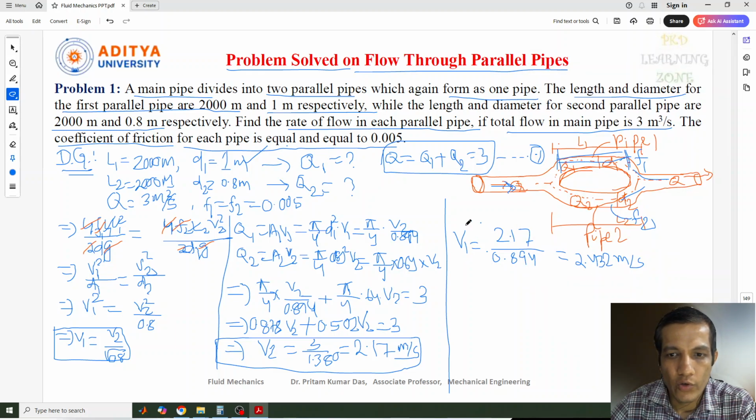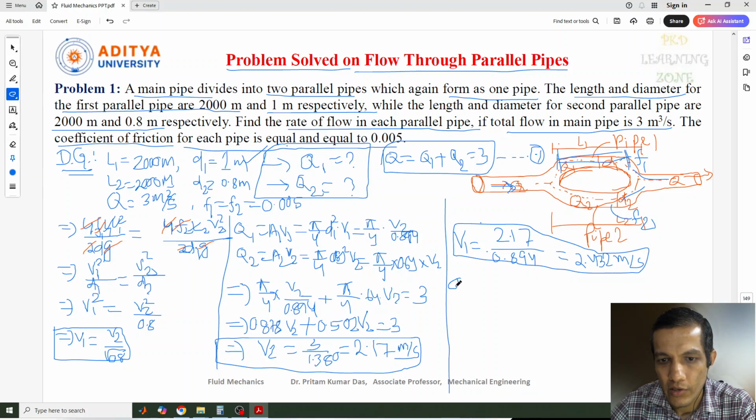Now the V1 value and V2 value we both got. Now what is our final aim? We need to find out the discharge, the individual rate of flow for each pipe. Now, same thing, we just put the values. Q1 equal to pi by 4 d square, that means 1 square into V1.